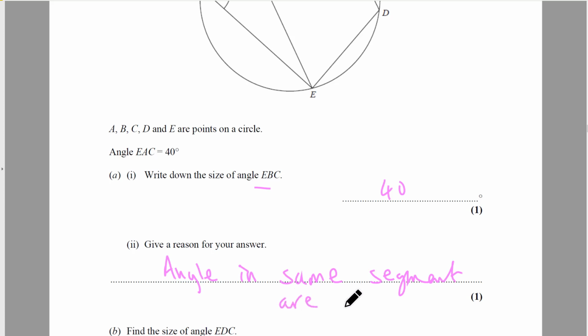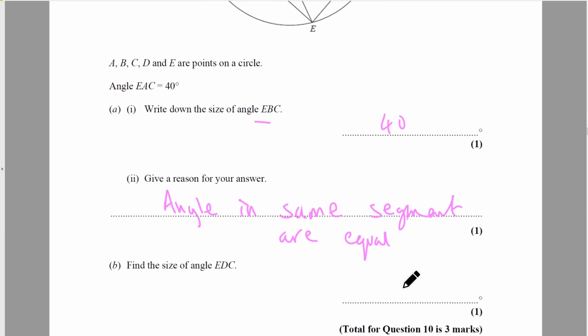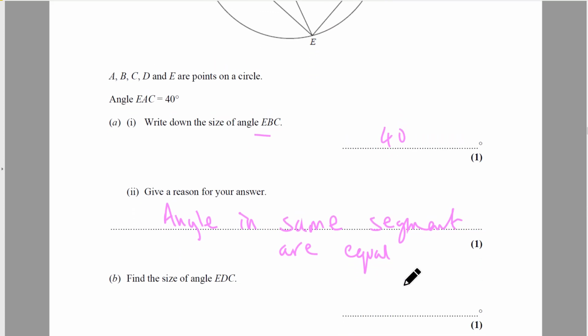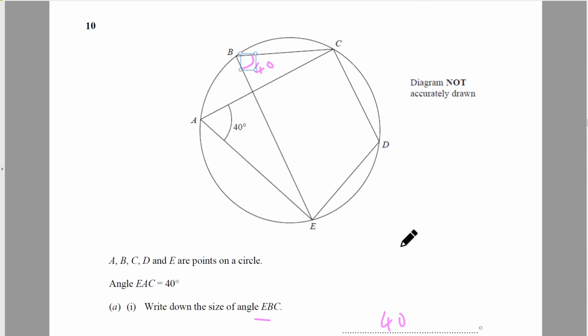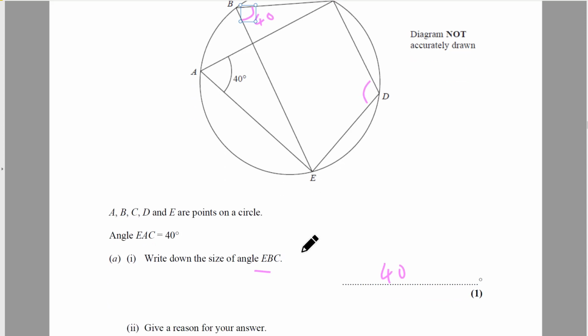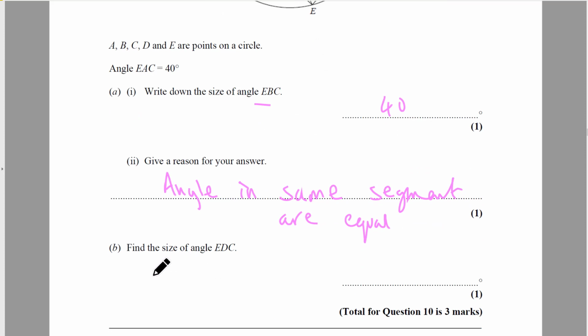Equal. Find the size of the angle EDC. EDC. Okay, so it doesn't ask for reasons, but this is a cyclic quadrilateral.